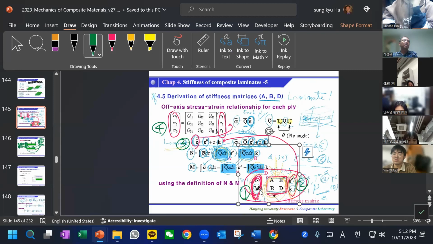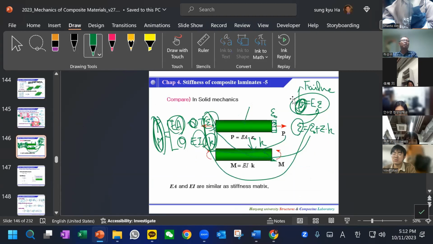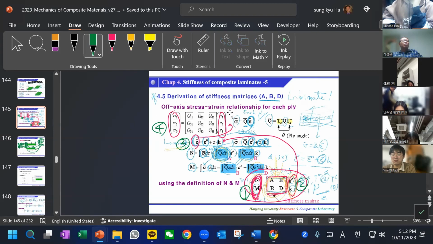But I'm trying to say that this is nothing new, and this can be considered as an extension of the isotropic relations. Okay, so don't worry too much. Oh, this looks very complicated, but the first step, how to calculate the ABD, we're going to touch that. The program will tell us. Don't worry, and this is the one we're going to reach.